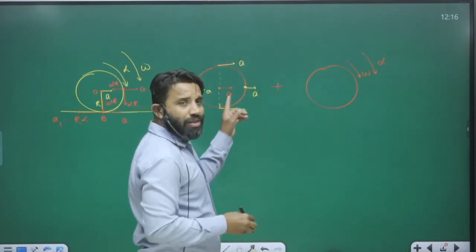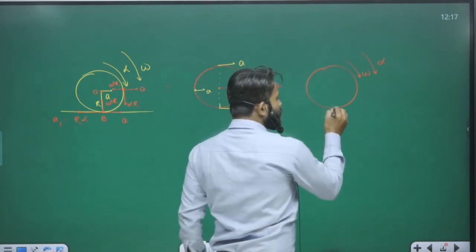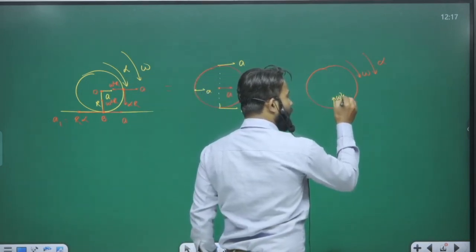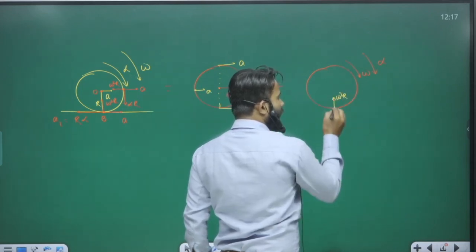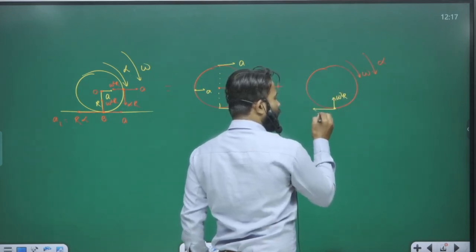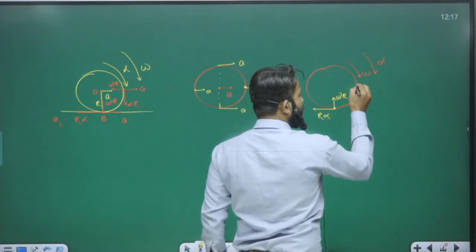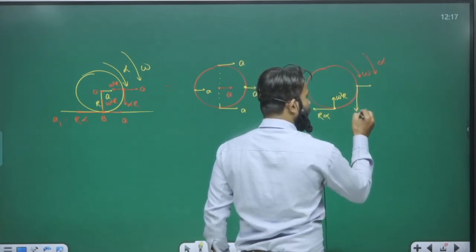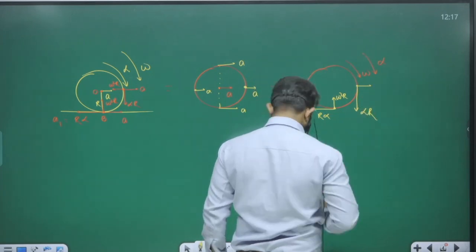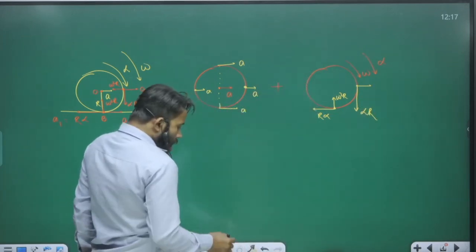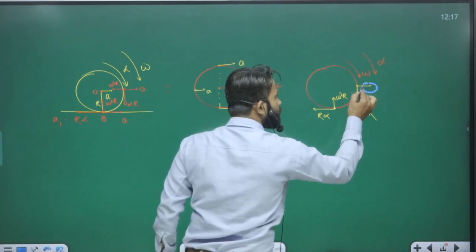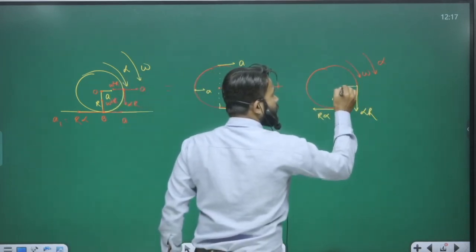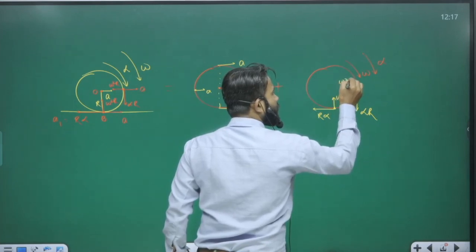Along with this, due to this rotational motion, all the points will have an acceleration omega square r towards the center and an acceleration r alpha in the tangential direction. This point will have an acceleration r alpha in this direction and an acceleration in this direction, this will be omega square r.